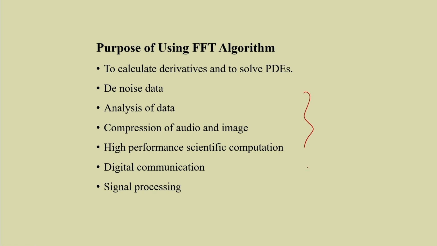let us have a 10-second audio. So, for a 10-second audio, your n, the number of data points, will be equal to 4.4 into 10 to the power 5 data points. So, if you are doing DFT, you have this order of n square, so it becomes order of 10 to the power 11.